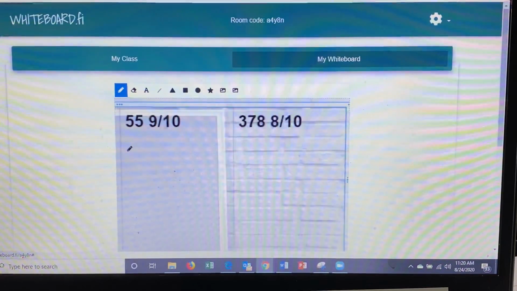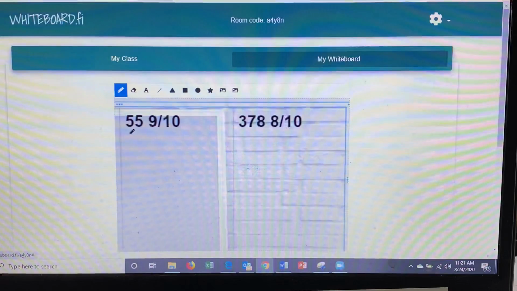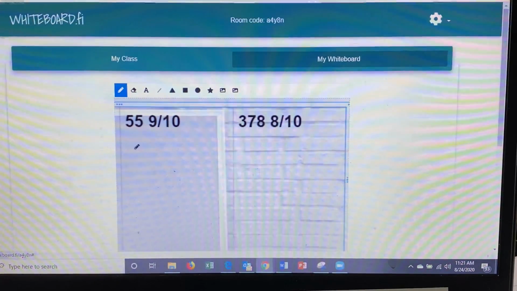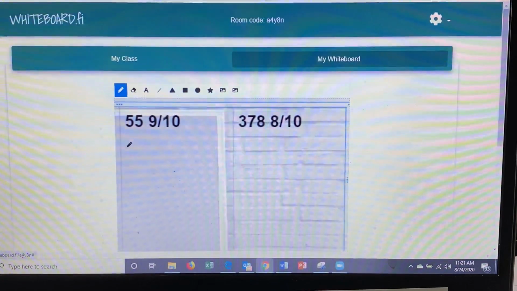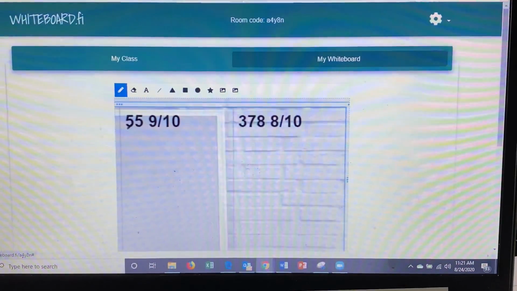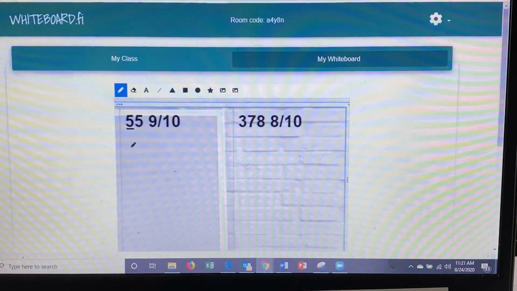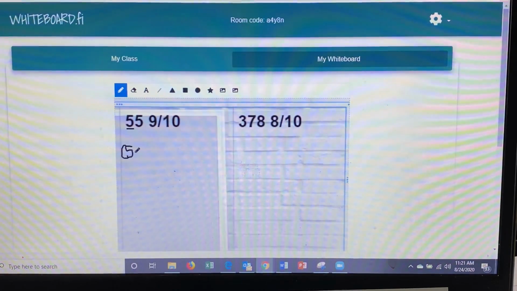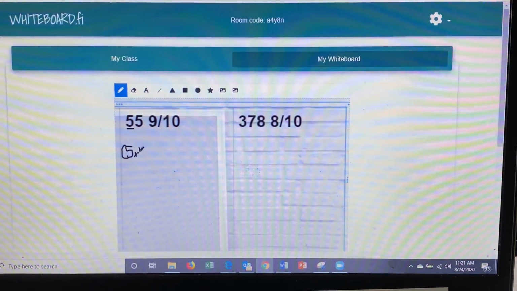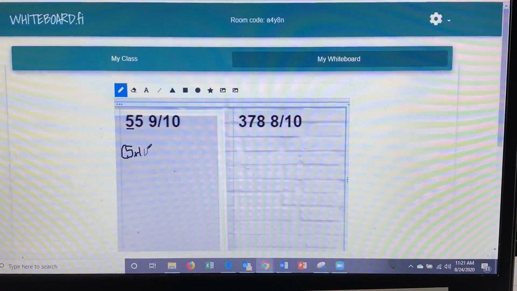55 and 9/10. I'm going to start with my tens place and move to the right. How many tens do I have? 5 tens. You guys are absolutely right. So I'm going to write that as 5 times 10 because it's in the tens place.